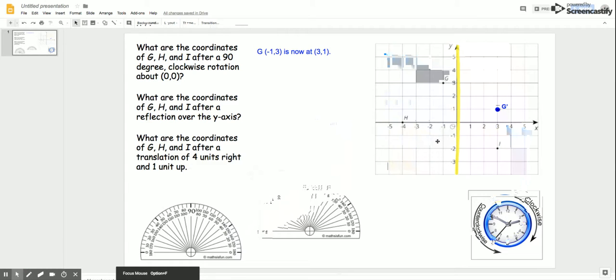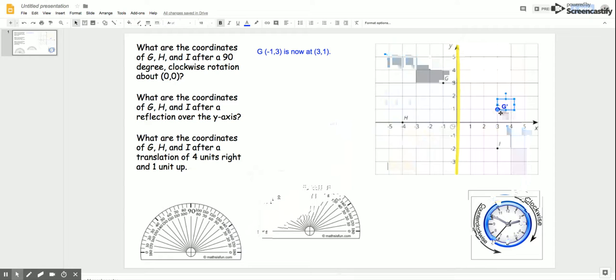So again, we can use this with tracing paper, but another way to do this is to try to establish a corresponding point. So we can see that H is located at (-4, 0). So it is 1, 2, 3, 4 units from the line of reflection on the left side.